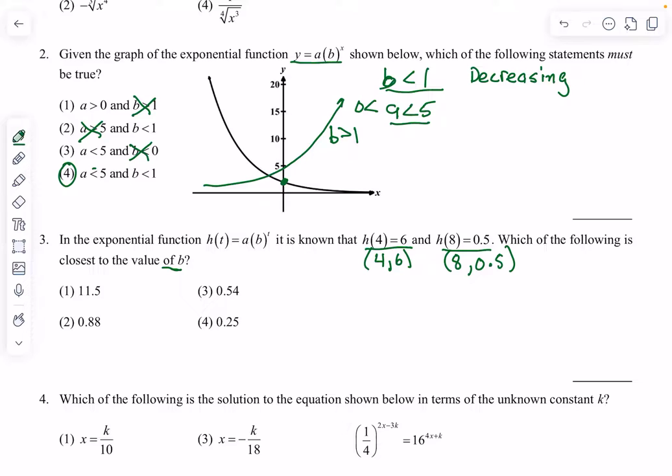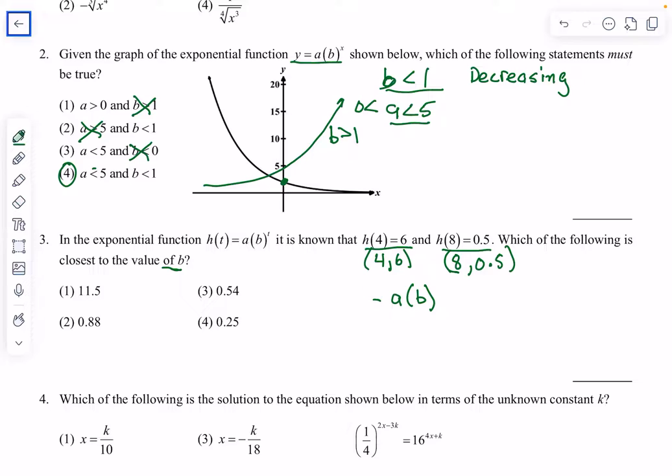So instead of using h of t, I'm just going to use y. For this first one, h of t is 8, that's this number, equal to a times b raised, oh, I got them backwards. Hold on, let me erase these.